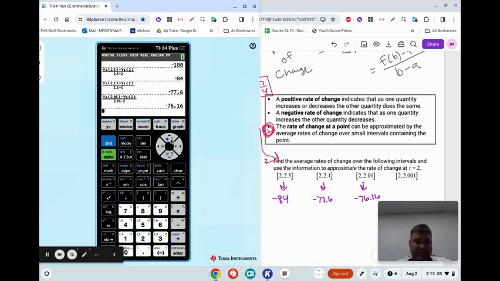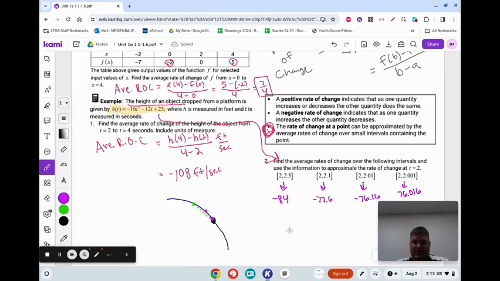Last time here, I'm going to insert one more 0. And this should be pretty accurate for my actual rate of change. And this is going to be negative 76.016.